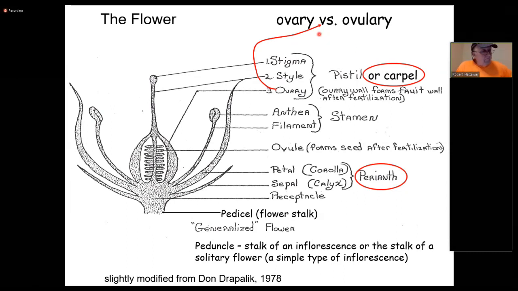We just use the term ovary with the understanding it's not anatomically exactly the same thing, but functionally it is, even down to an umbilical-like cord structure. And this, by the way, is what I talked about with the pedicel and peduncle before.